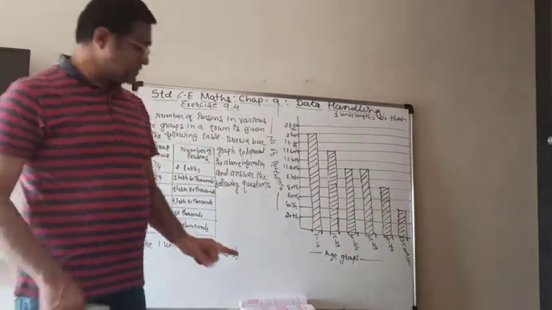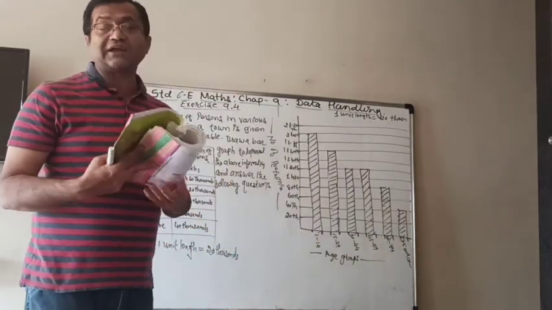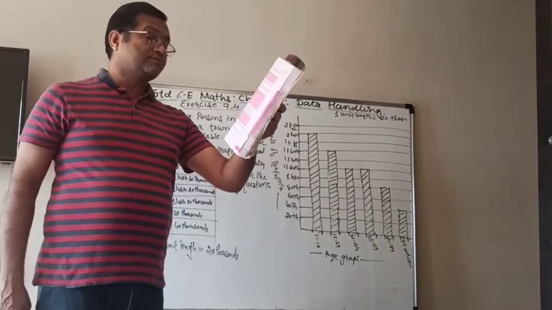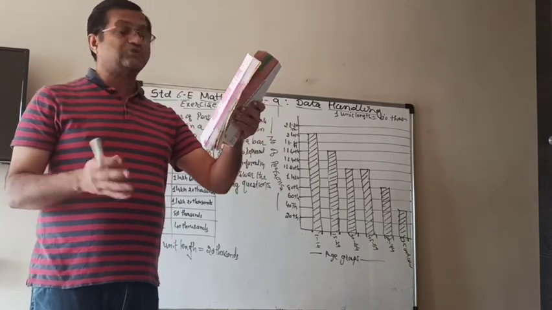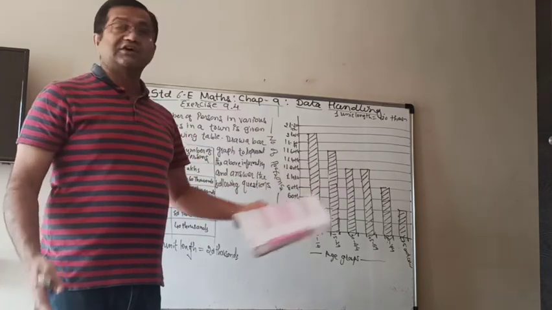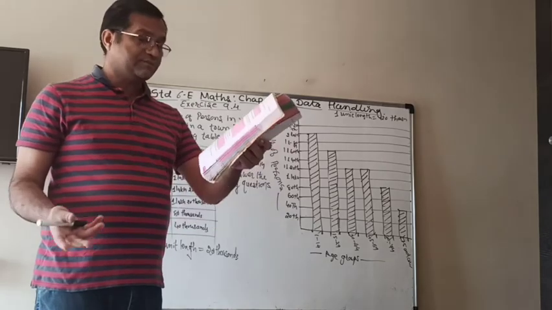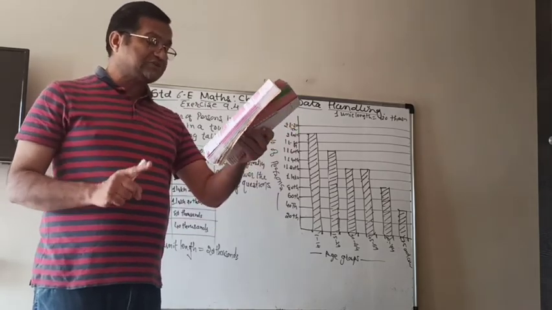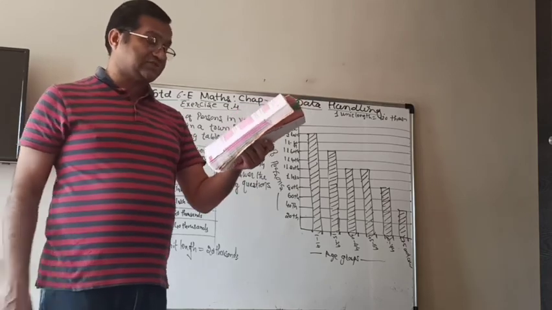Now after this there are two questions. I'm not going to write down the answers, you will write down the answers on your own. It says, which two age groups have the same population? It is obviously visible, so it is not difficult to give the answer. Second, all persons in the group of 60 and above are called senior citizens.